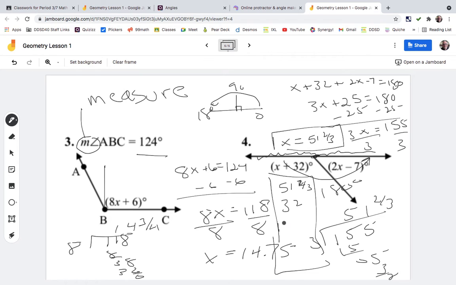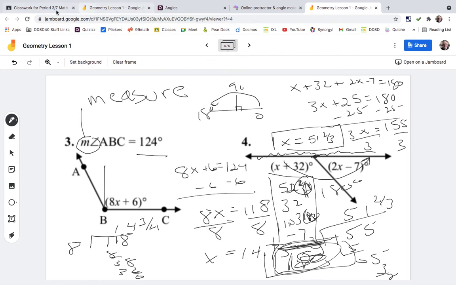That is 103 1/3, minus 7 should equal 180. So let's see. These fractions are 1, so let's just make that 52. And that's 84. 187 minus 7 is 180. So that is correct.